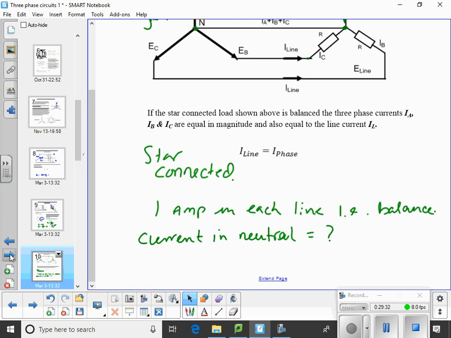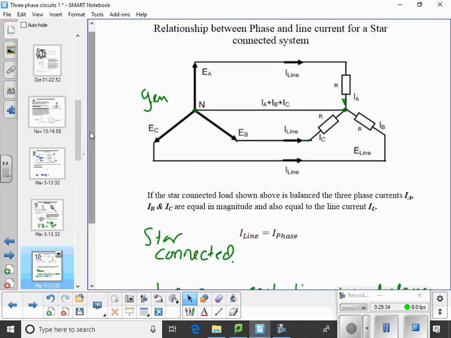What does Kirchhoff's current law say about a node? We've got a current down there, current coming that way, current going that way. If all of them are going in, leaving must be all of those IA, IB and IC added together. So you say that's 3 amps.